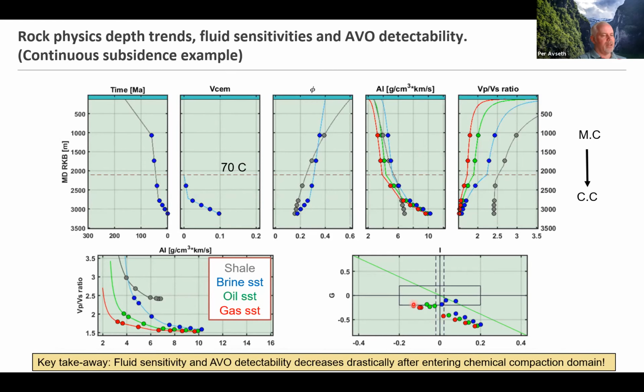And again, you go from AVO class 3 for hydrocarbons, green is oil, red is gas and blue is brine, and then you're getting less and less separation. So the key takeaway here is that fluid sensitivity and AVO detectability decrease drastically after you enter the chemical compaction domain.